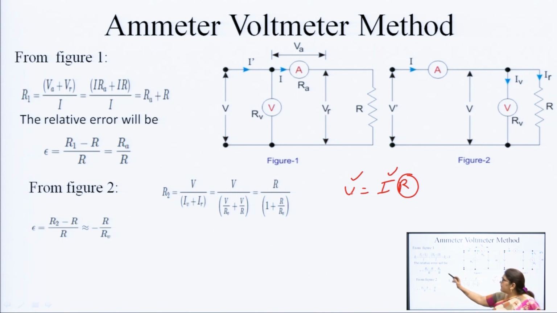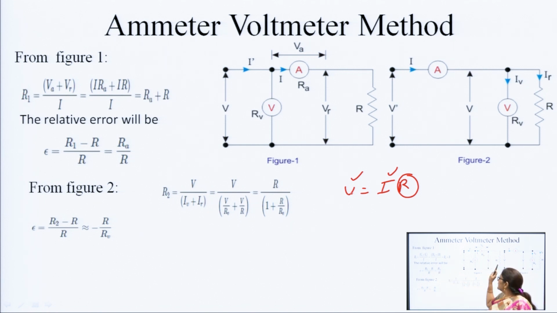Suppose the value of this measured resistance is R1, and the voltage across the ammeter is VA. The voltage V is equal to VA plus VR.